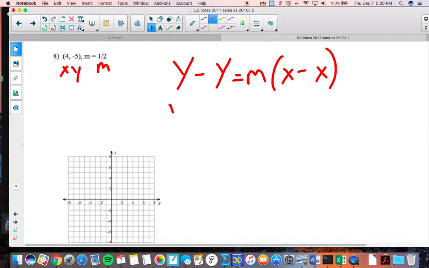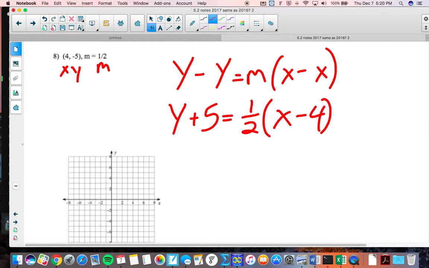So here we have y. Let's put in our y. Y minus negative 5 is what it should say, but y minus negative 5 is the same as y plus 5 equals, the slope is 1/2. Let's go x minus our x value, which is 4. So let's distribute.